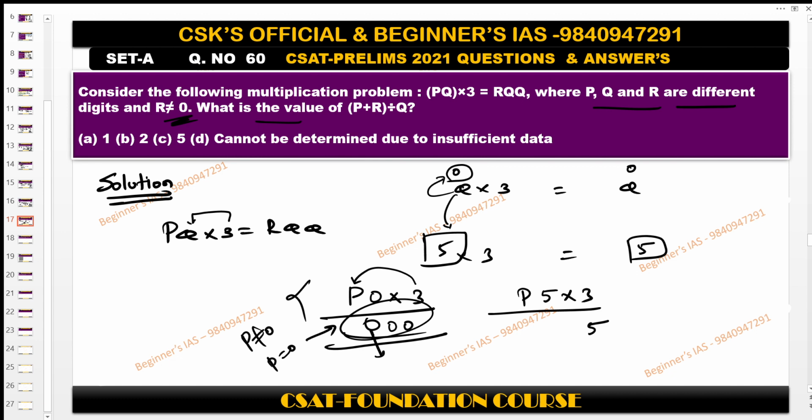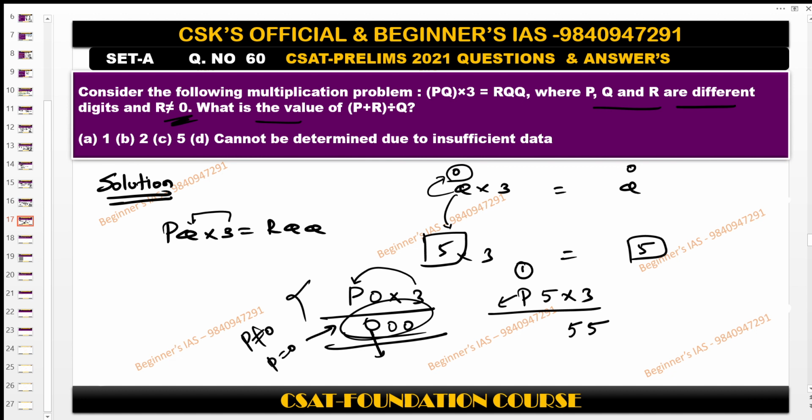In order to get 5 here, I have to place 5 in the place of P. Wait a minute. We should not place a 5, because here itself carries 1. Please remember that one. 3 fives are 15 and 1 carries, which means that you need to put 8.